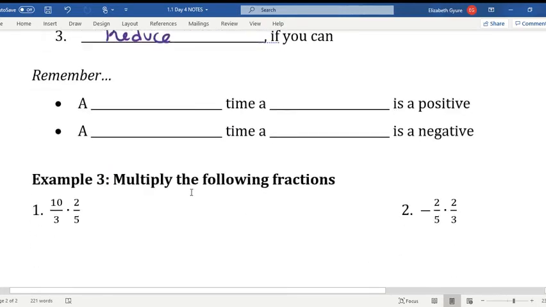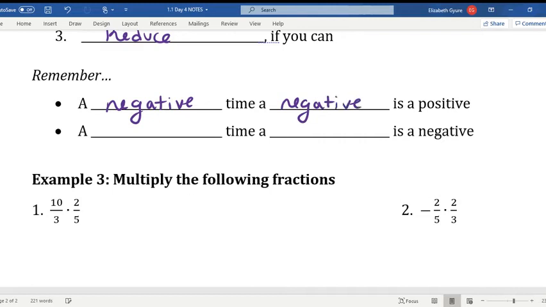So a couple things to remember. If I'm multiplying, right? If I have a negative times another negative, it is going to give me a positive.